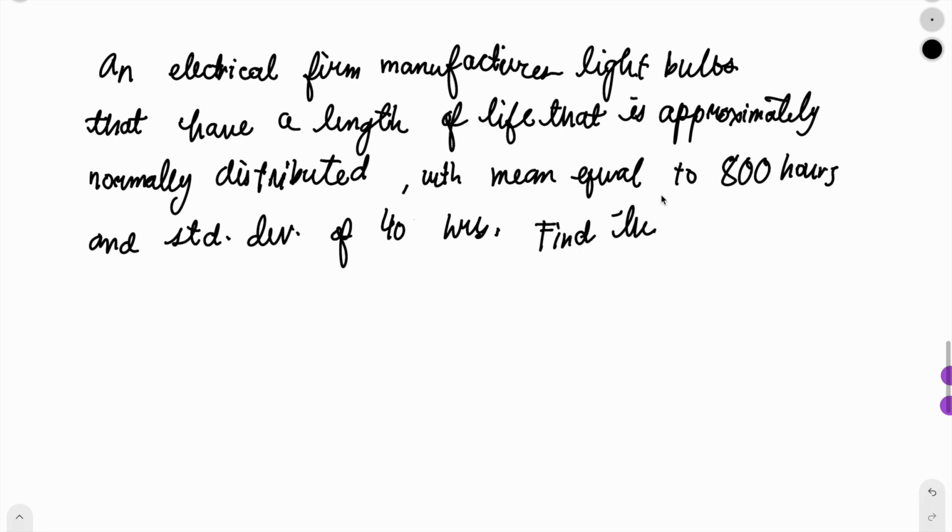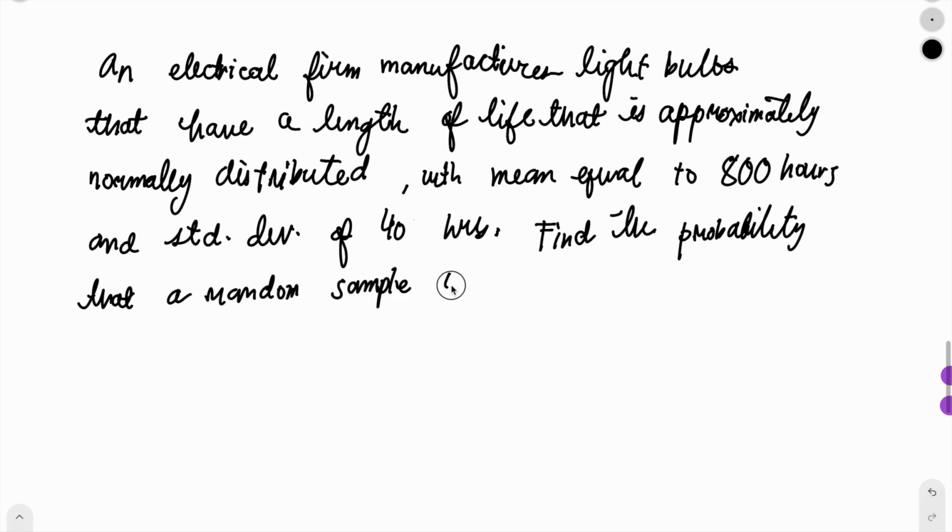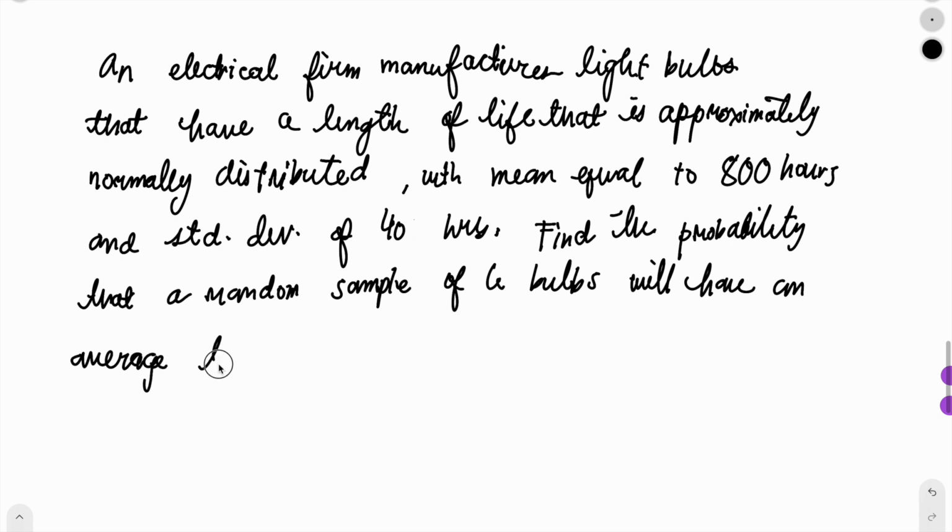Find the probability that a random sample of 6 bulbs will have an average lifespan less than 775 hours.